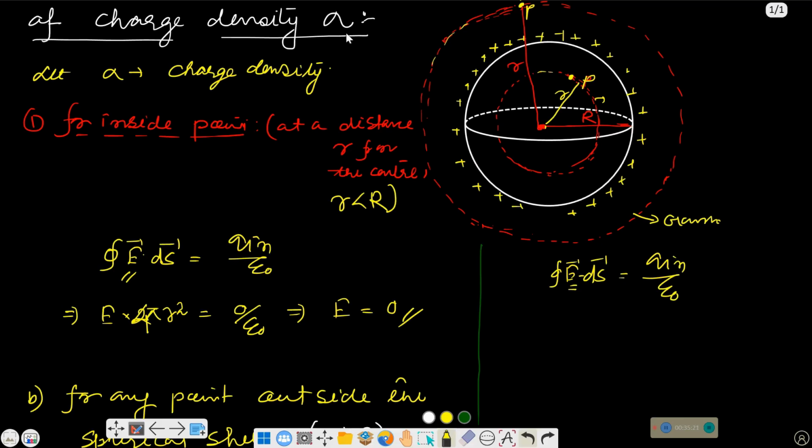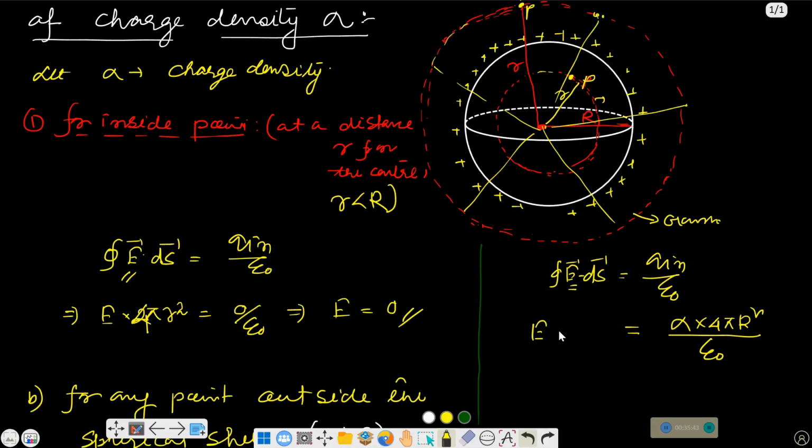Surface charge density is sigma, so q inside will be sigma into 4 pi capital R square, divided by epsilon naught. Since the Gaussian surface is spherical, from the symmetry the electric field has the same magnitude at each and every point of the Gaussian surface. So E dot ds gives E into 4 pi r square, right?